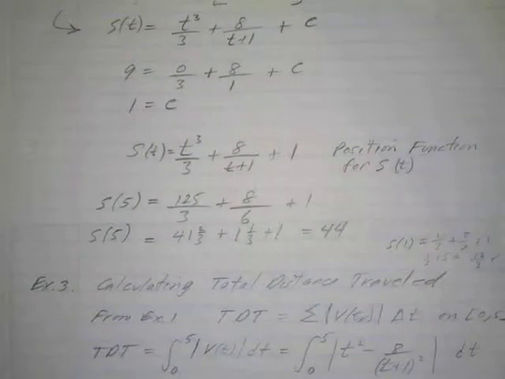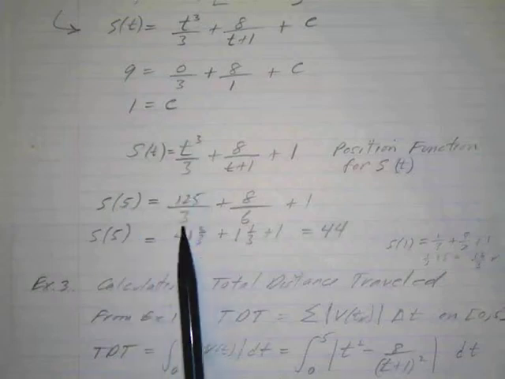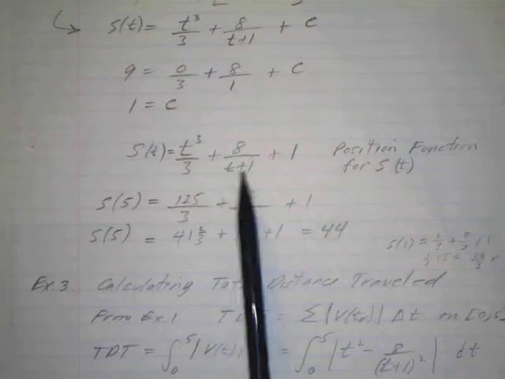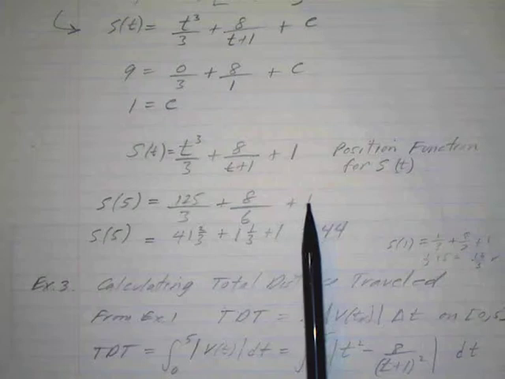Now that takes into consideration the displacement and the initial position, because that gives you just the position. So this is really nice, and if we do this for 5, we'll put 5 in. We get 125 over 3, plus 8 over 5 plus 1, because we're finding the position at 5, 8 over 6, and then plus my constant.